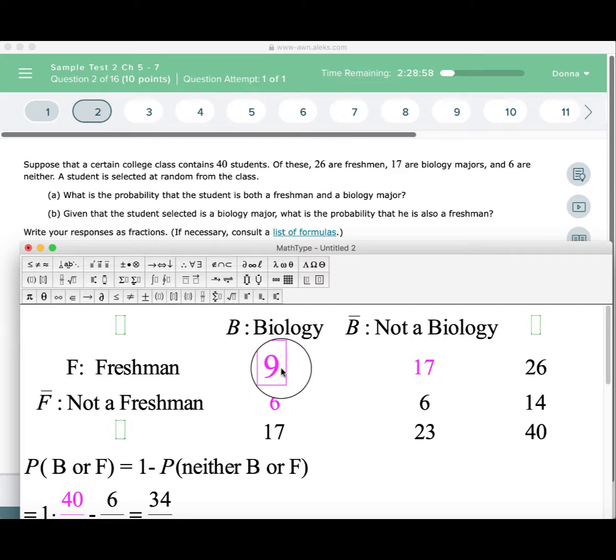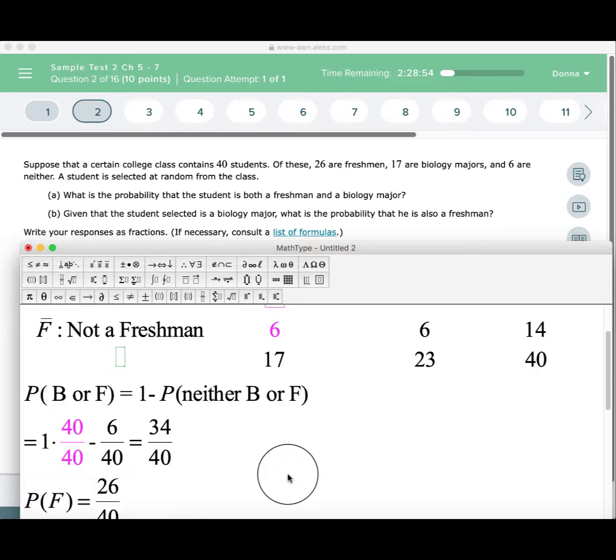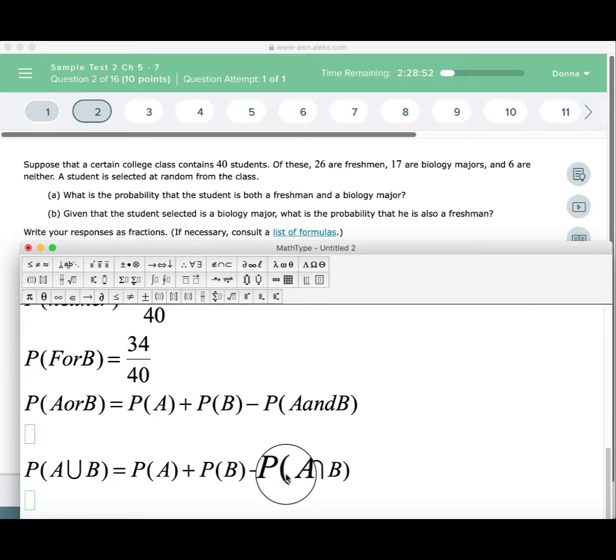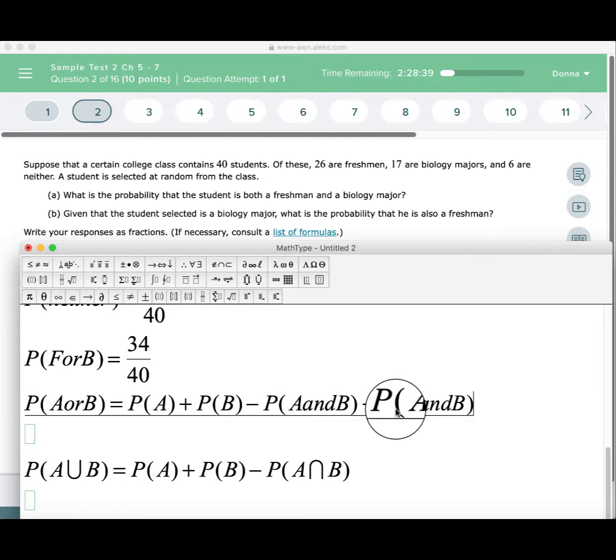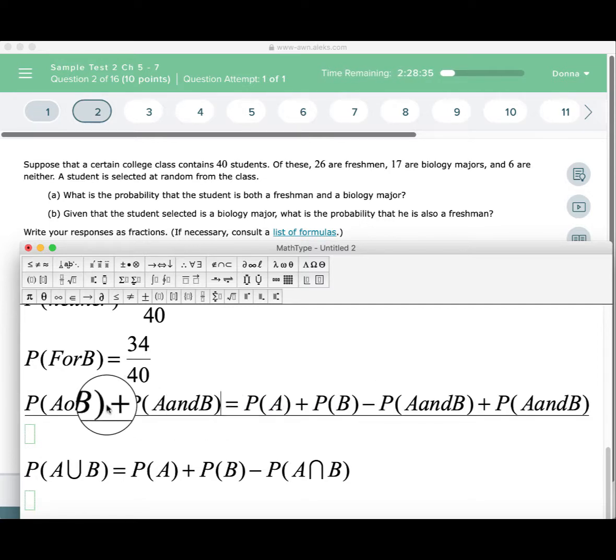so we don't count the 9 twice. Using some algebra, we then show the probability of A and B by adding the probability of A and B to both sides. When we do that, plus the probability of A and B, we notice on this side the probability of A and B are going to cancel because we have it subtracted and added.